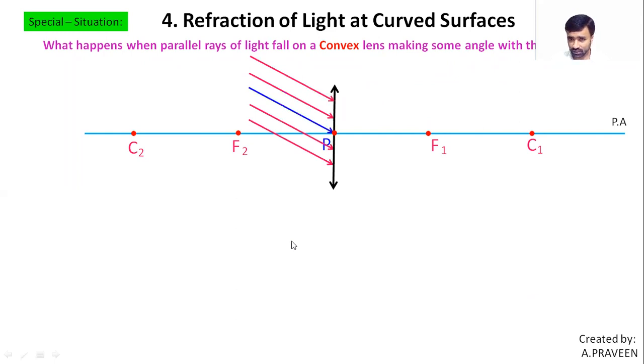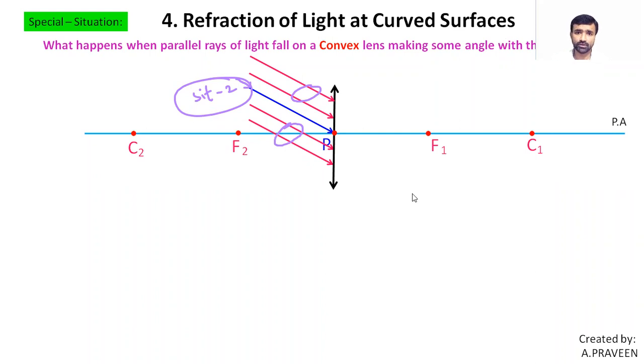So in this situation, how do we know the behavior of these light rays? Especially we know this light ray's behavior because it is going to meet one of your situations, situation 2. Can anybody complete this?